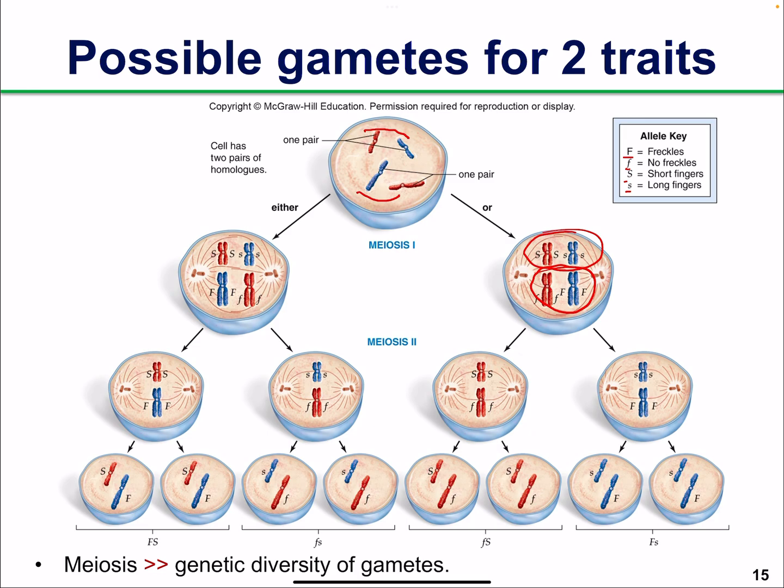In terms of possibilities of offspring, based on the fact that we are only looking at two genes, we're going to have gametes that are capital F, capital S. Other gametes are going to be lowercase f, lowercase s. Other gametes are going to be lowercase f, capital S. Another set of gametes is going to be capital F, lowercase s.